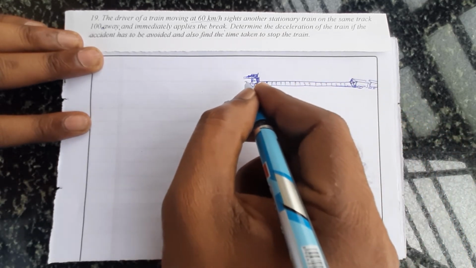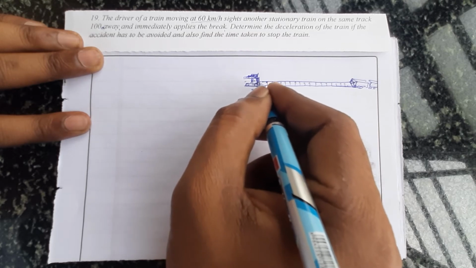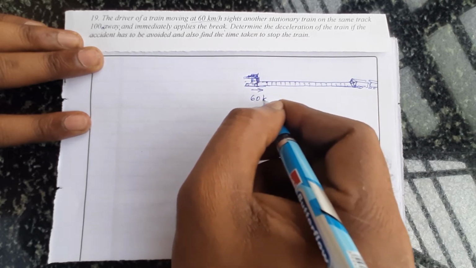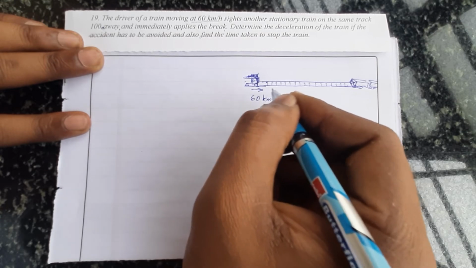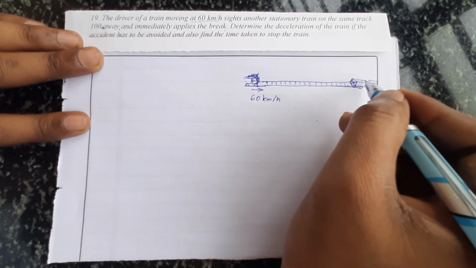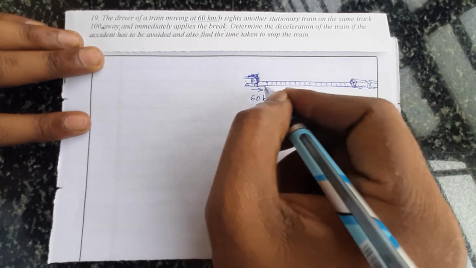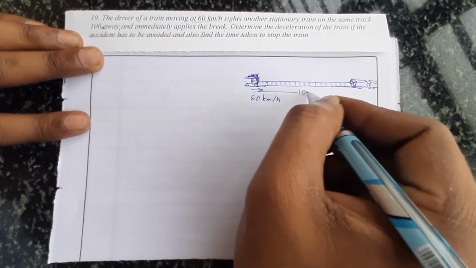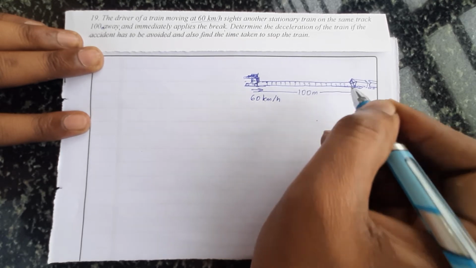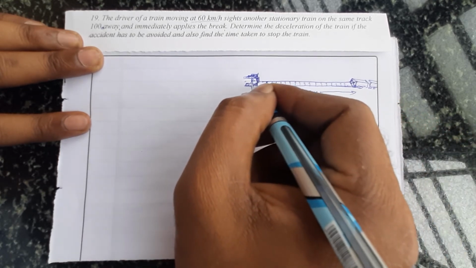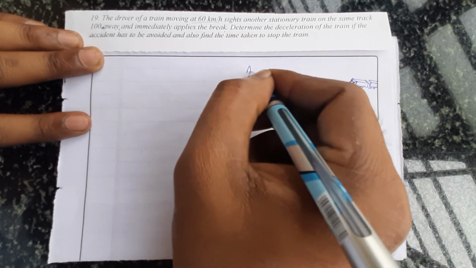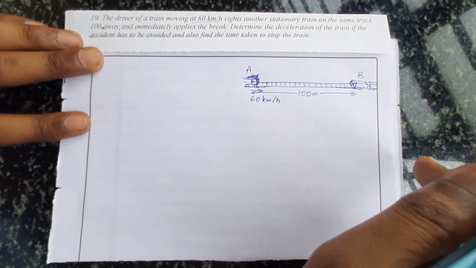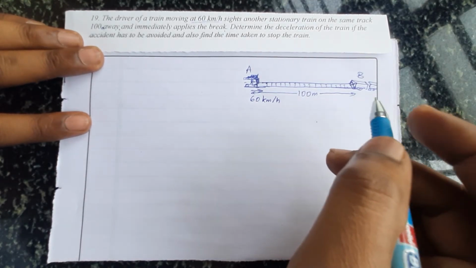What is given is that the moving train is moving with 60 kilometer per hour speed, and the distance between them is 100 meter. Let me take this as train A and this as train B. Obviously this is not a relative situation, but just for the namesake.